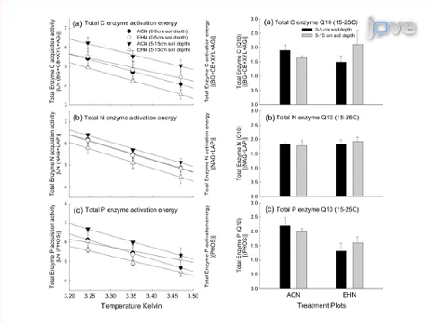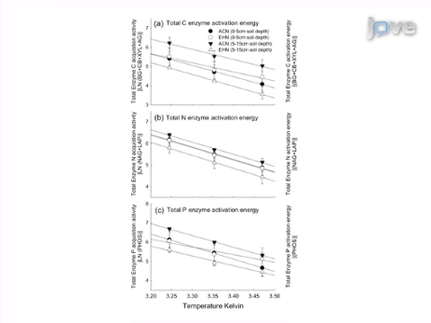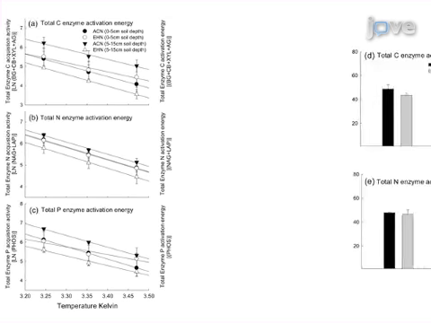Temperature can strongly influence soil EEAs, yet in typical lab assays, soil enzymes are measured at a single temperature that may not correspond to in situ temperature conditions. Arrhenius plots are used to visualize activation energy and are plotted using the logarithm of enzyme activity as a function of the inverse temperature converted to degrees Kelvin on the x-axis.